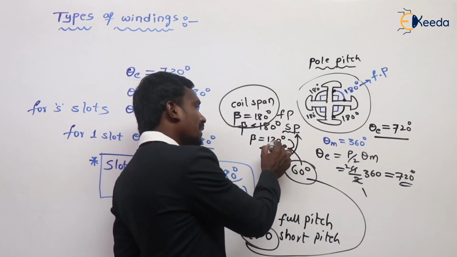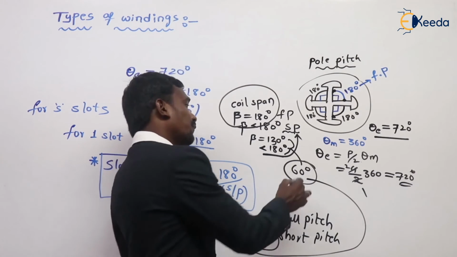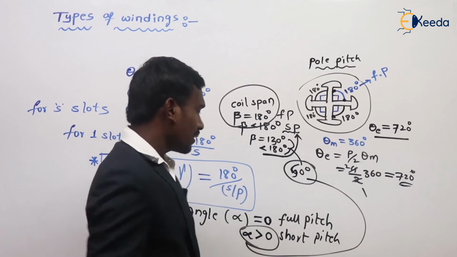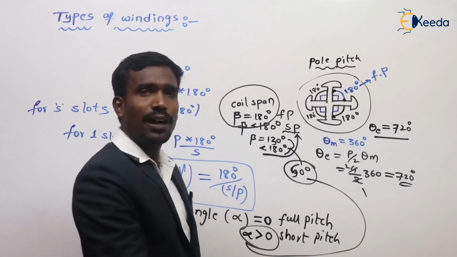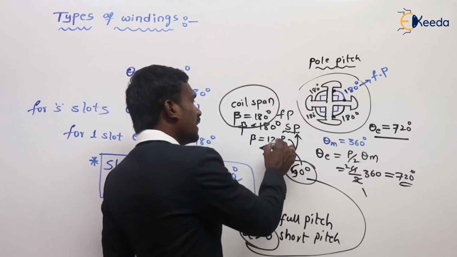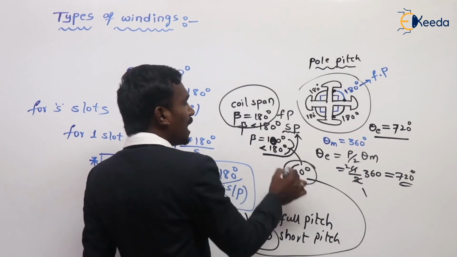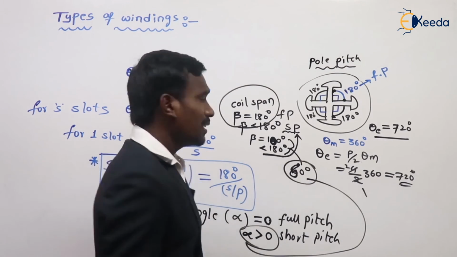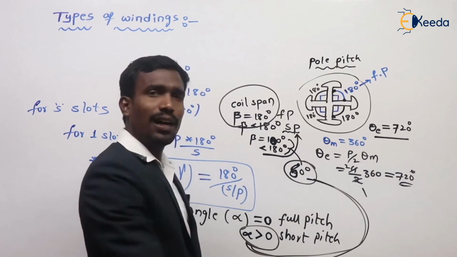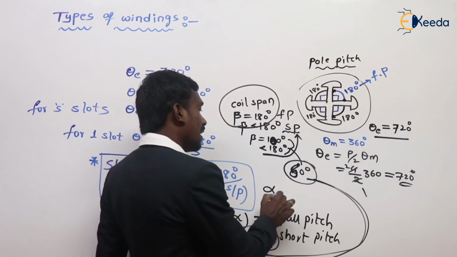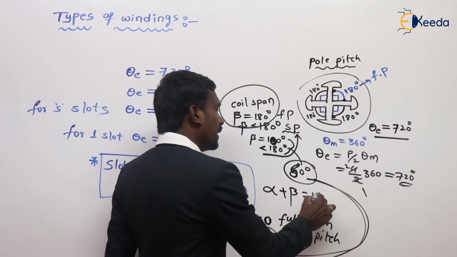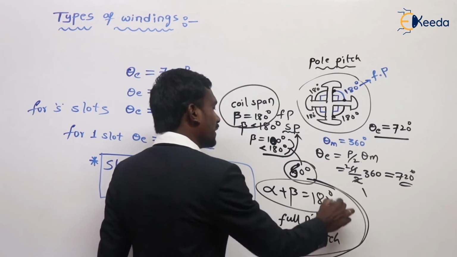If beta is 130 degrees, 50 degrees short pitch here, that 50 degrees is alpha. If beta is equal to 100, the short pitch is 80 degrees, this 80 degrees is alpha. Always alpha plus beta should be equal to 180 degrees.